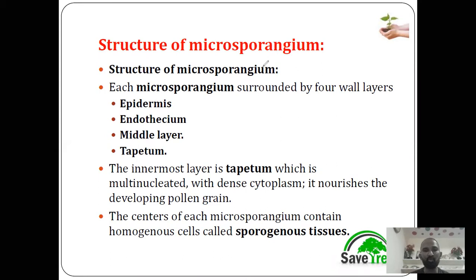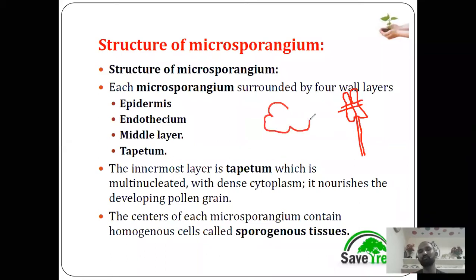So when we see the anther, it has a basal filament-like structure, which is called the filament, and the filament bears an expanded portion on its surface, which is called the anther. When you look at the cross section of the anther, we find mainly two lobes.